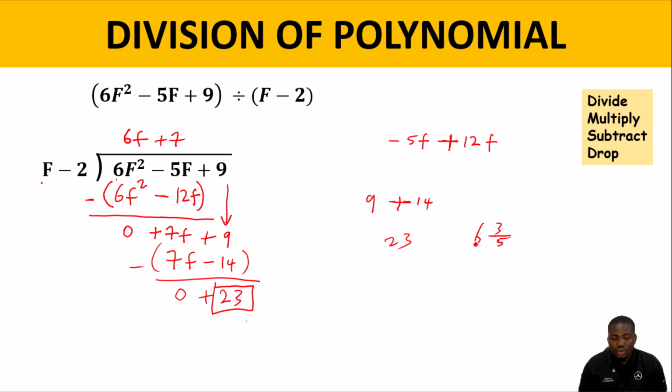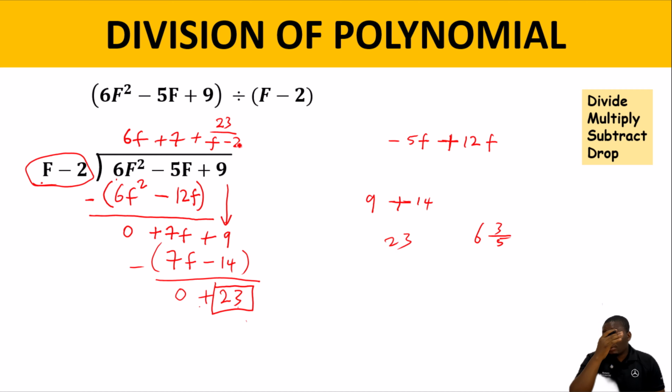So the same thing is going to happen here. We are going to express this as a fraction of this divisor. So our answer is going to be 6f plus 7 plus, because this is positive, 23 over f minus 2.